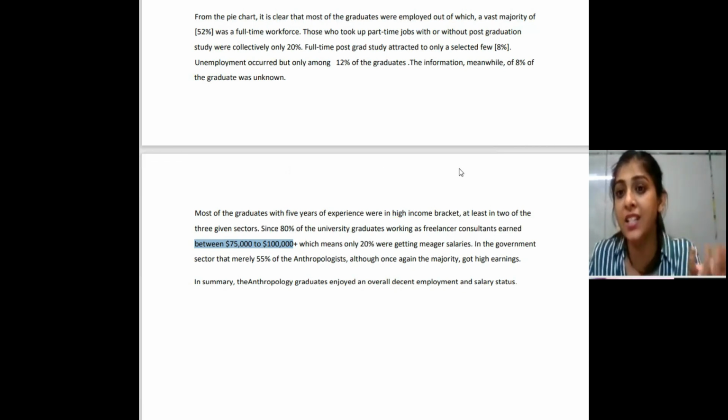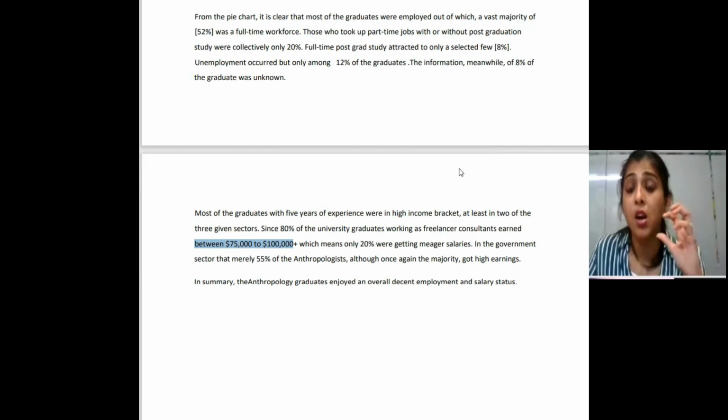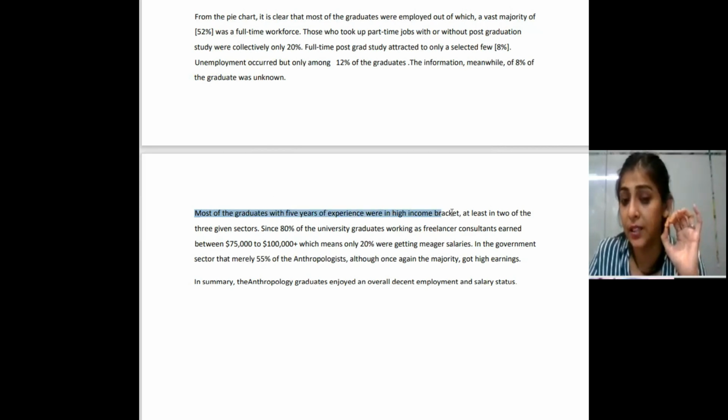You can put a comma here as well and remove which means. Meager is an uncommon word, but it is suitable here. Meager means a little salary, a limited salary. Clear? This particular sentence is a proof to support my overview written above.